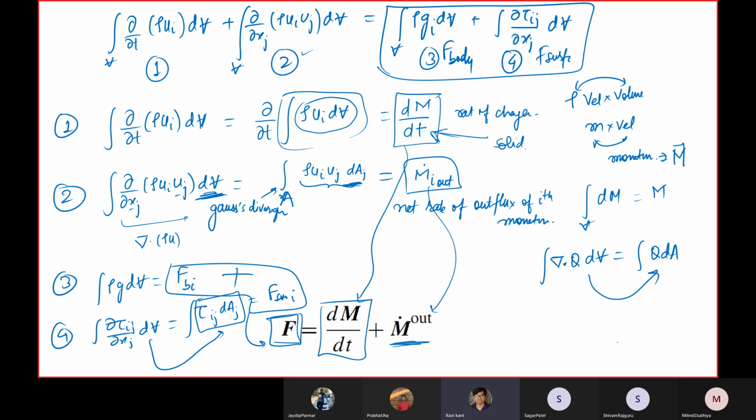This would be clubbed to give you capital F, equal to the rate of change of linear momentum plus the net rate of outflux of ith momentum.